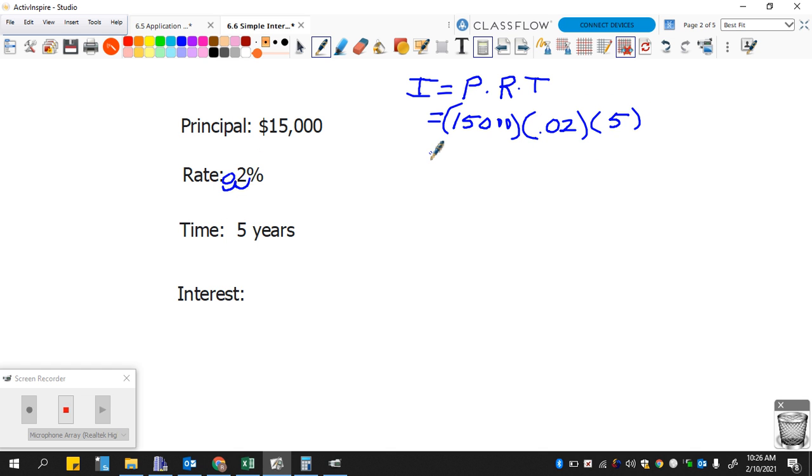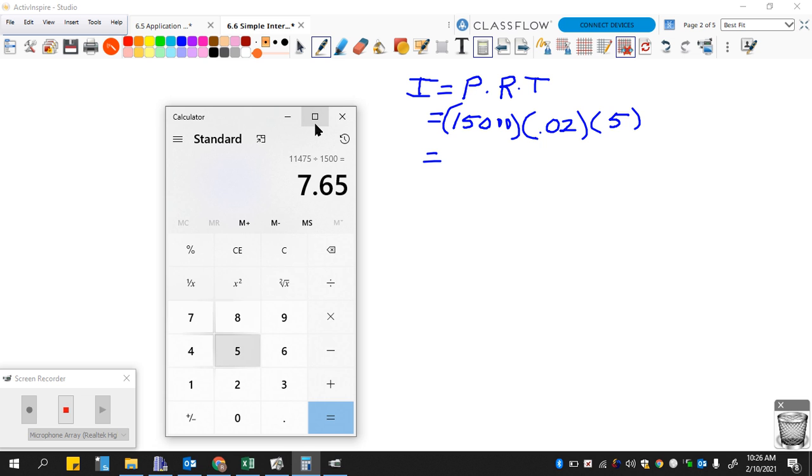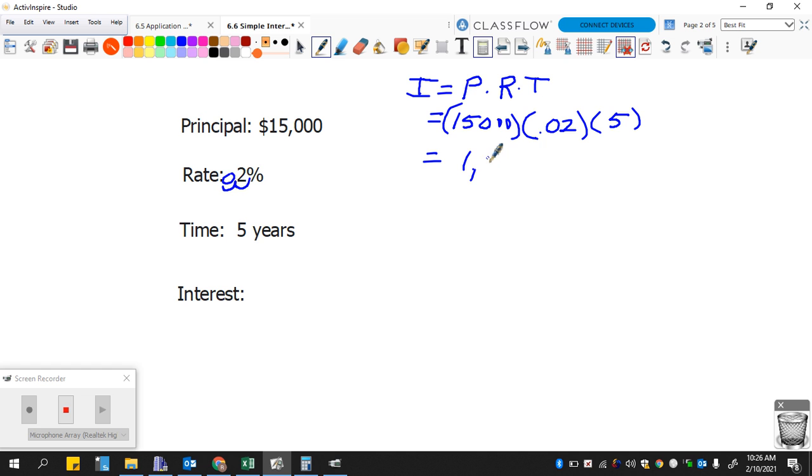When we plug it into our calculator, 15,000 times 0.02 times 5 gives us $1,500. So in 5 years, if we invest this $15,000 into an investment that pays 2% interest, we'll make $1,500, which is pretty good.